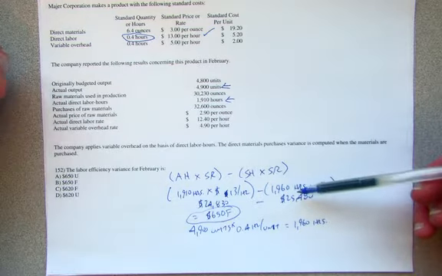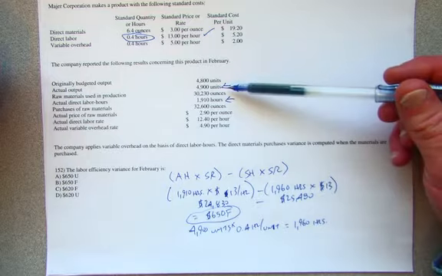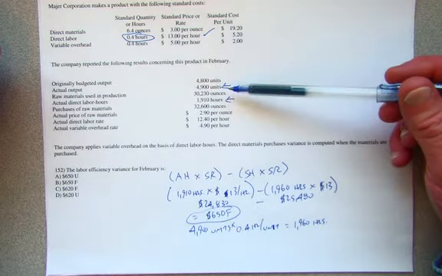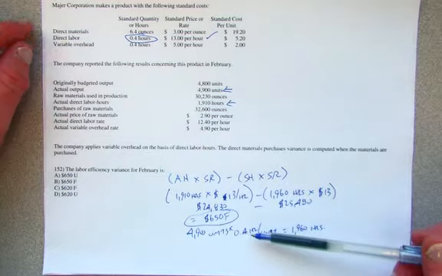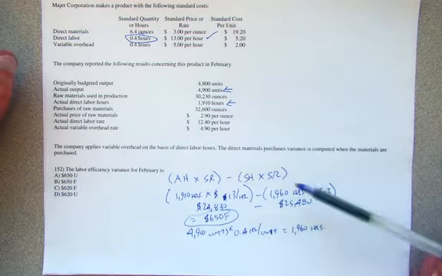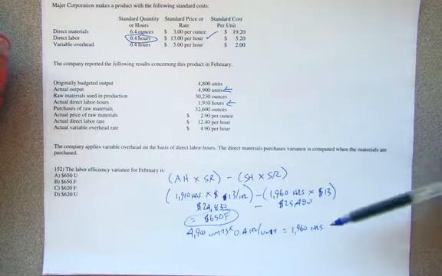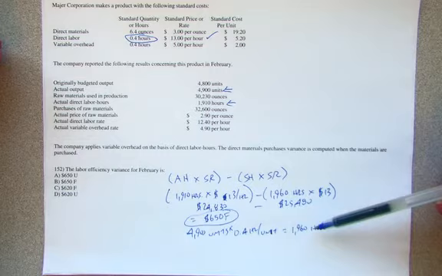Let's look at where we got that from, because that was not directly given to us. We know that we produced 4,900 units of finished goods, and everything should take 0.4 hour, so 24 minutes per unit. That means collectively our employees should have worked 1,960 hours.